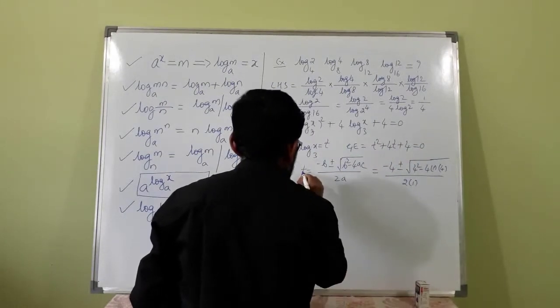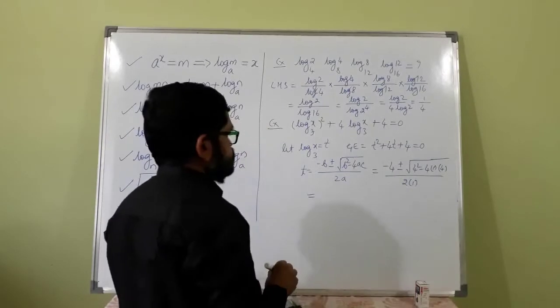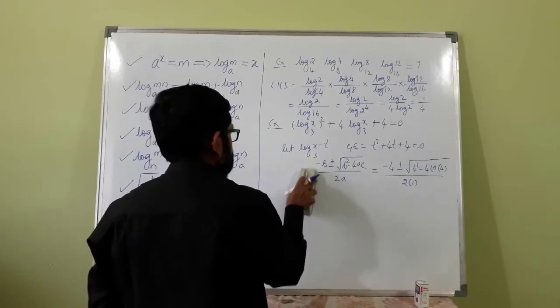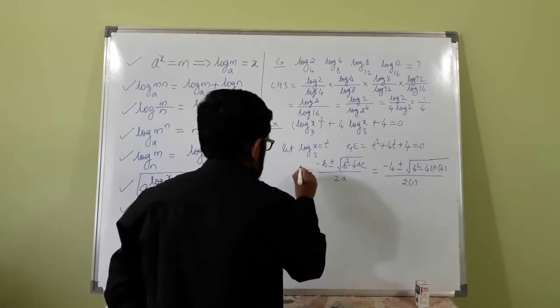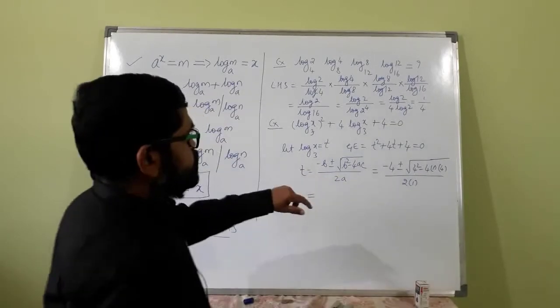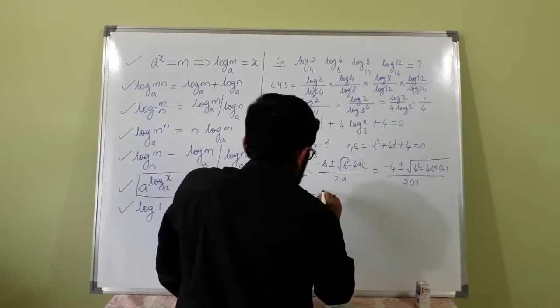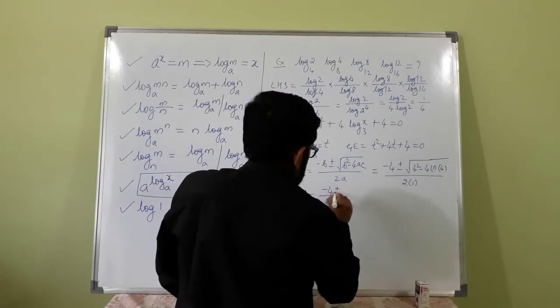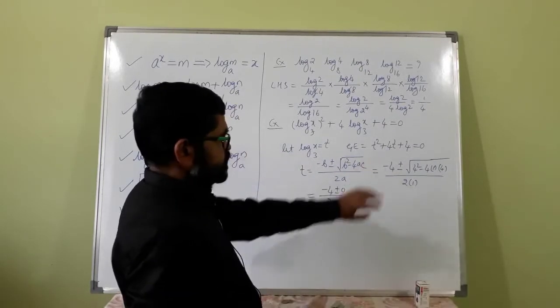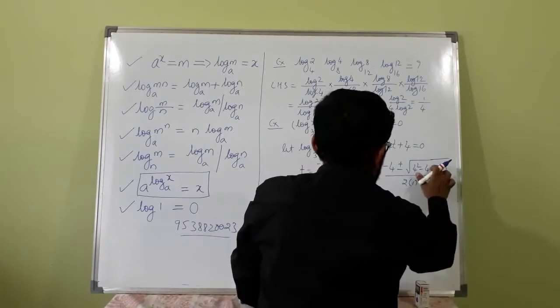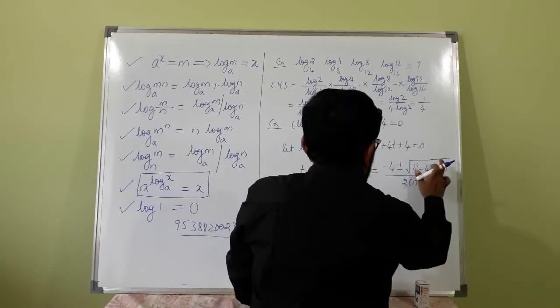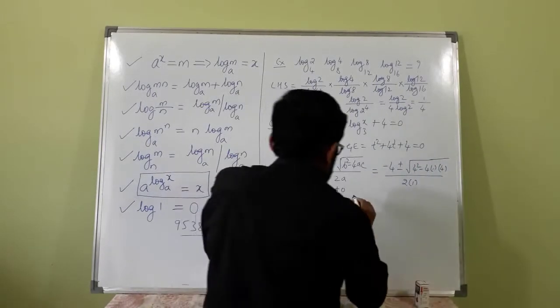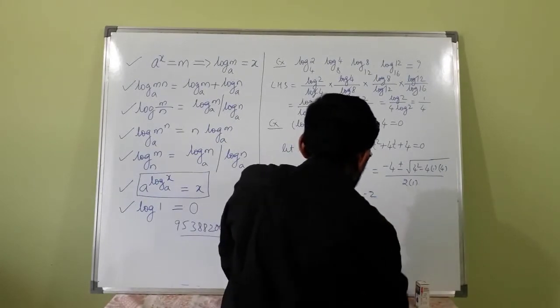That is minus 4 divided by 2. This plus or minus part will be 0 because 16 minus 16 is 0. This is equal to minus 2.